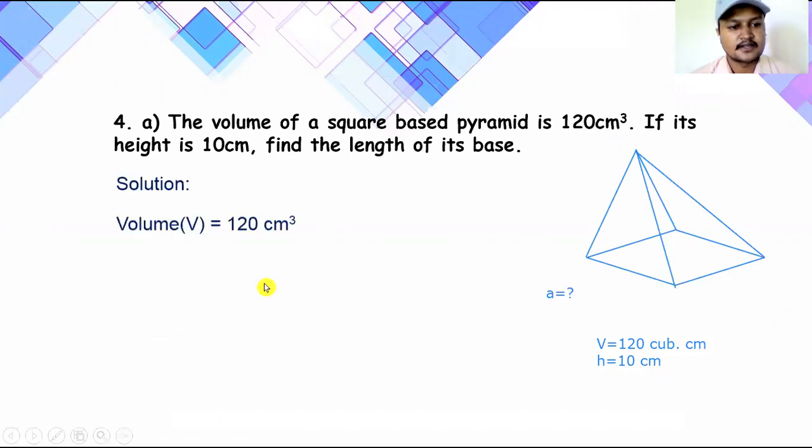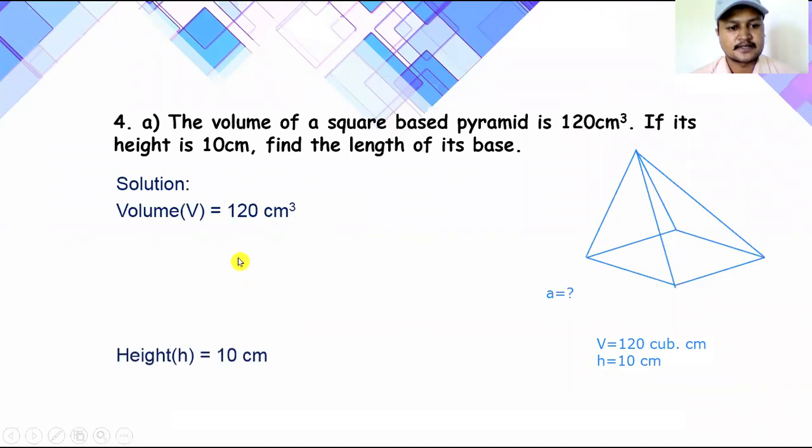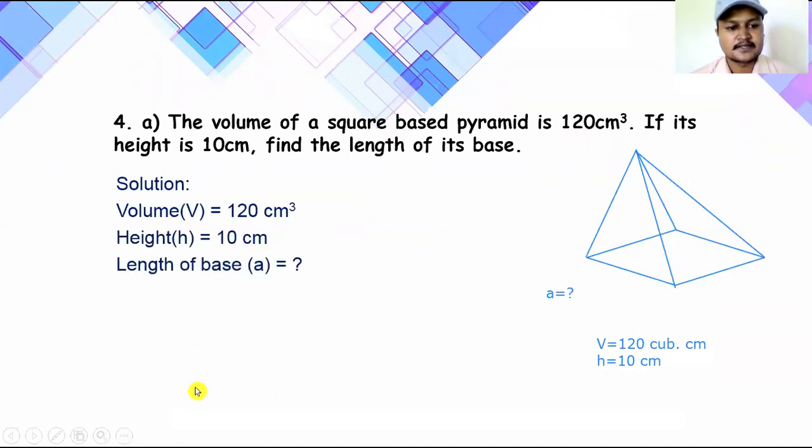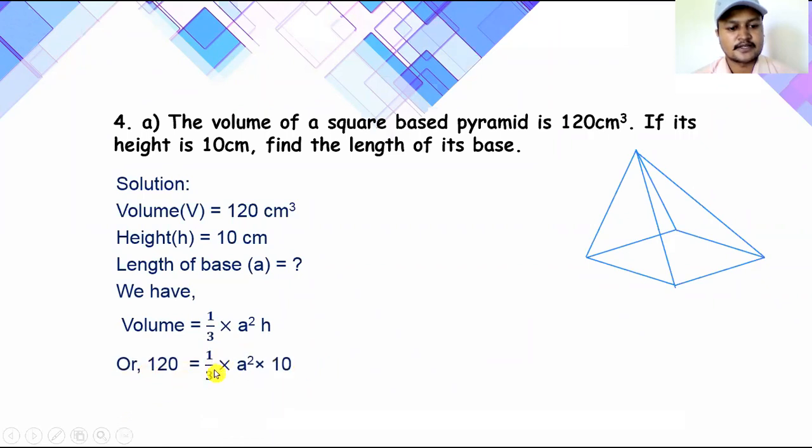So in its solution, at first write given things: volume is equal to 120 cubic centimeter, height 10 centimeter, length of base is equal to what? And we have formula, volume is equal to 1 by 3 A square H. Or volume 120 is equal to 1 by 3 A square into H, which is 10.